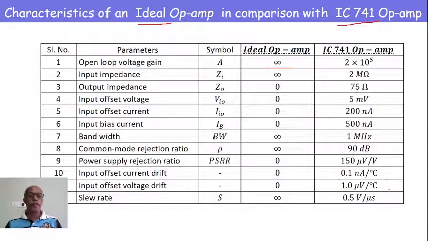And finally, the slew rate represented by the symbol S is infinite for the ideal op-amp and 0.5 volt per microsecond for IC 741 op-amp. This is about the characteristics of ideal op-amp with reference to the IC 741 op-amp, or characteristics of IC 741 with reference to the ideal one.